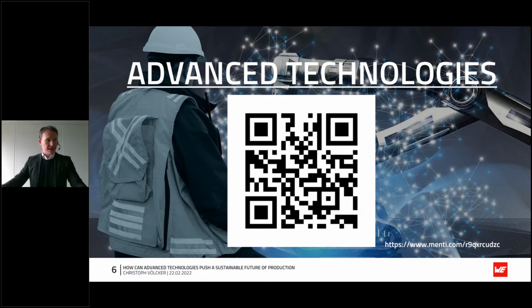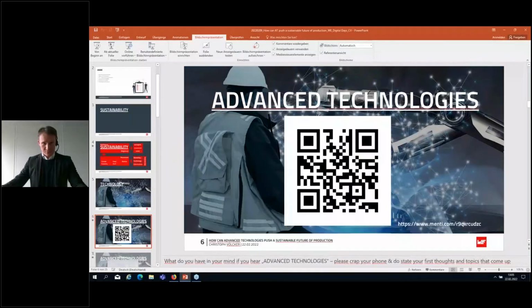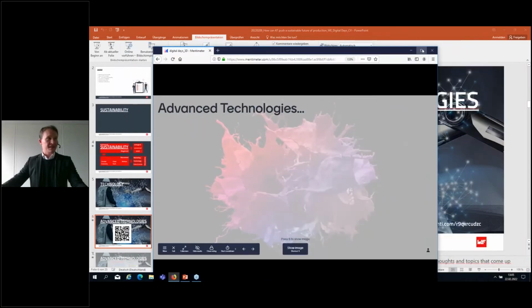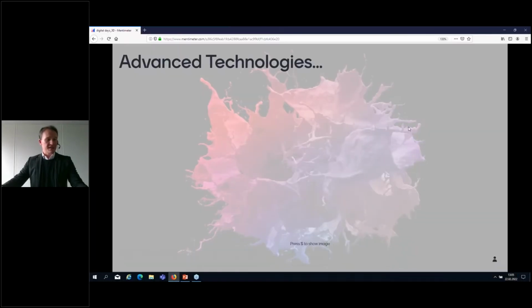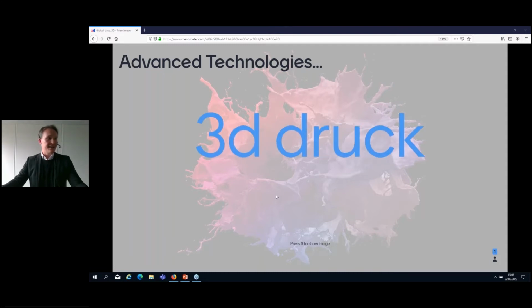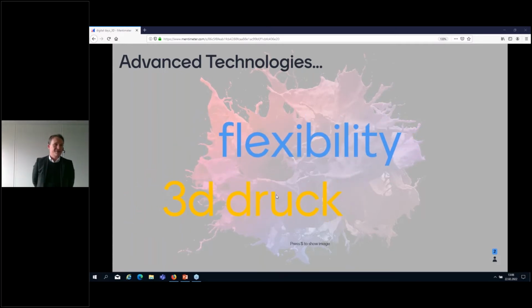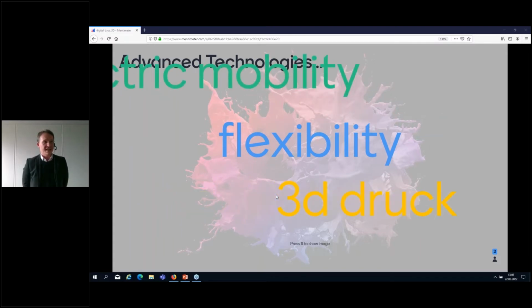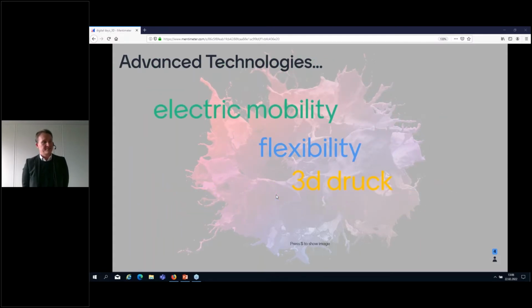I hope it works already, so I will swap from this side to this side. I hope you can see it, and this should be open already. If we have some people who are interested in working, you will type in your words and it will rise here. Yes, 3D Druck, in German, 3D printing. I will leave this open for about 1 minute so that we can see what is in your mind.